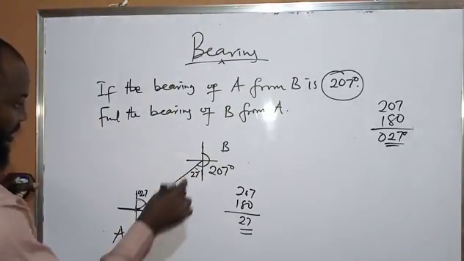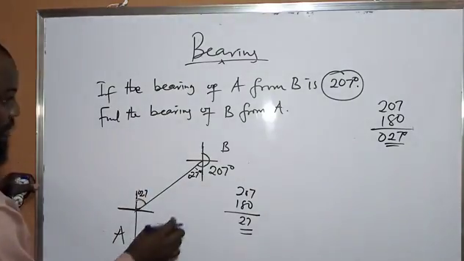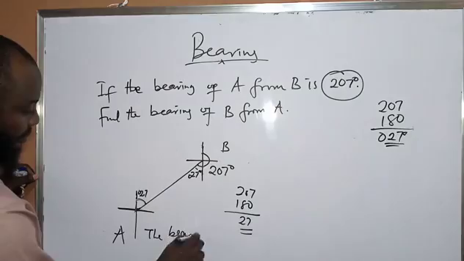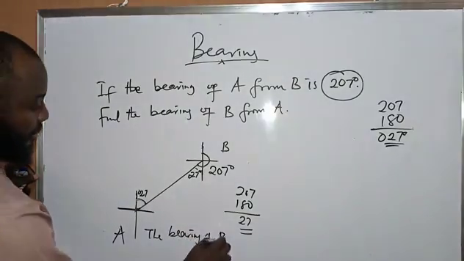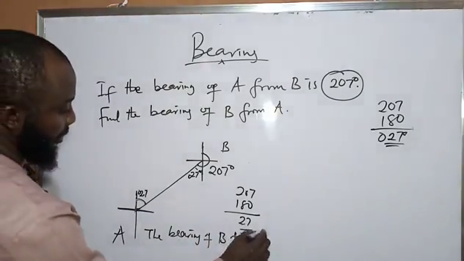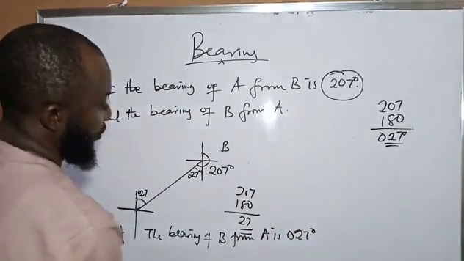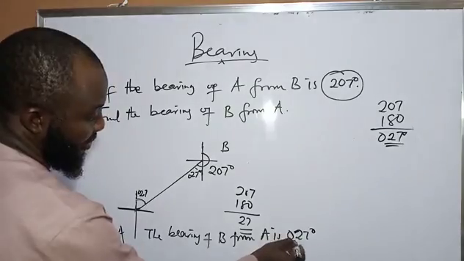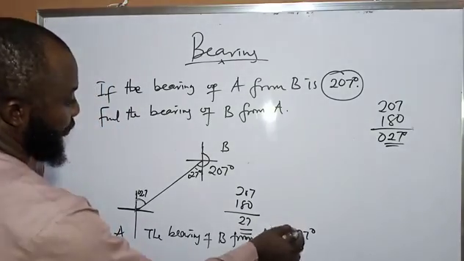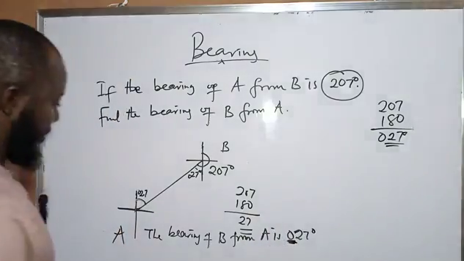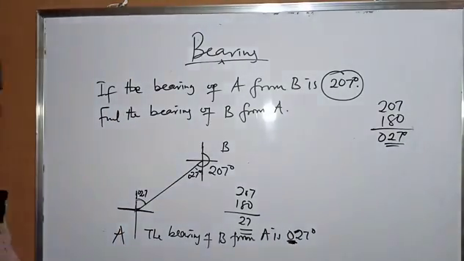So that means the bearing of B from A is 027 degrees. You notice that I wrote 0 at the front. If you write 27 degrees, you might be penalized; half a mark or 1 mark can be deducted from your answer.